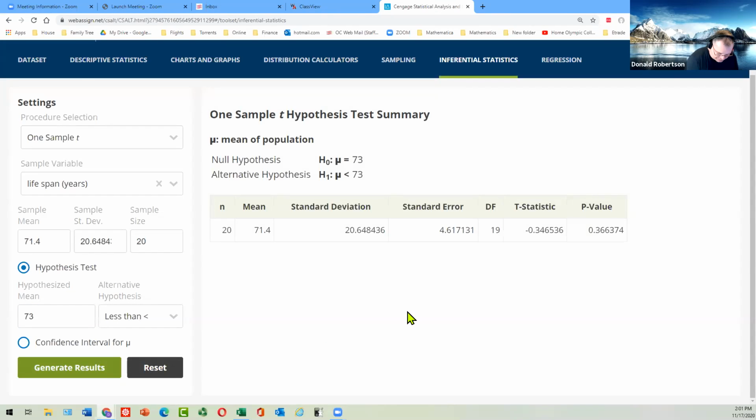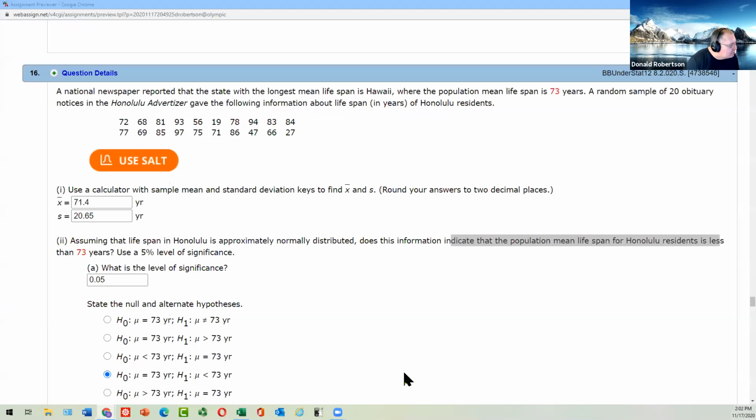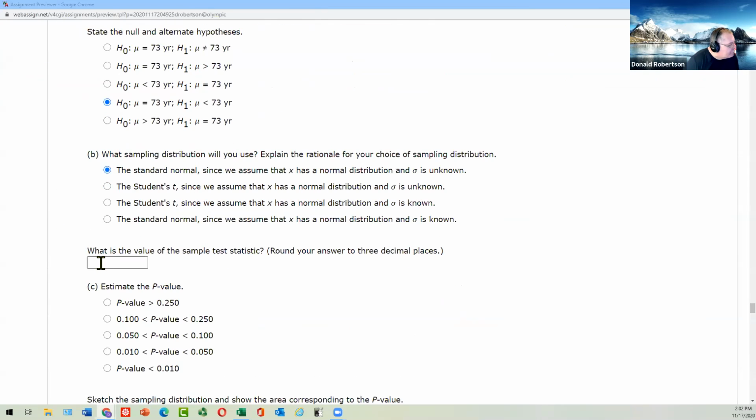The t that came out of it was a negative 0.34, and the p-value, these two numbers at the end here, is 0.366. How does that work? Well, you type in the t statistic, which is negative 0.34.